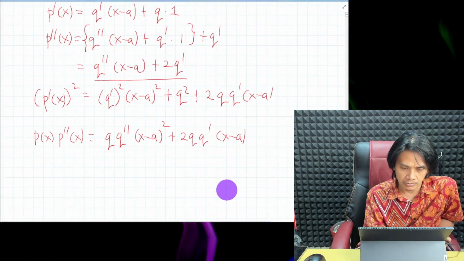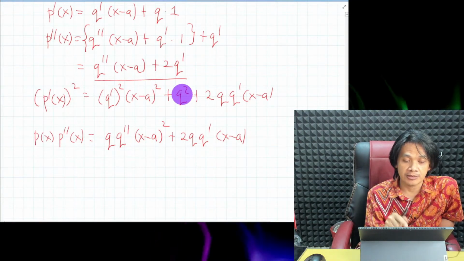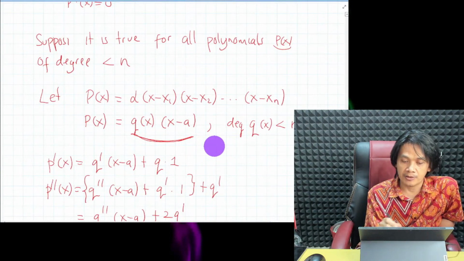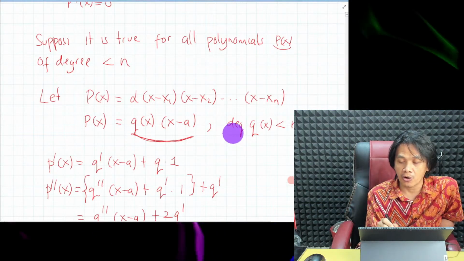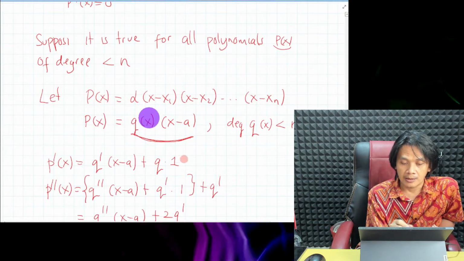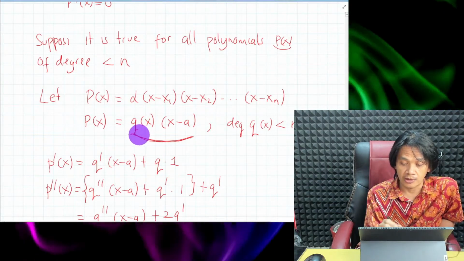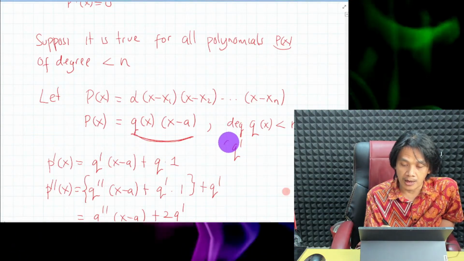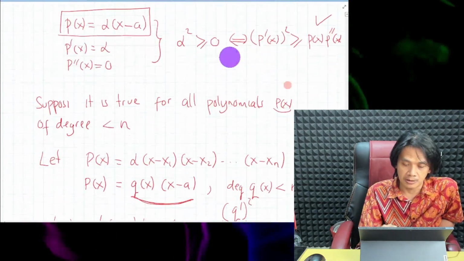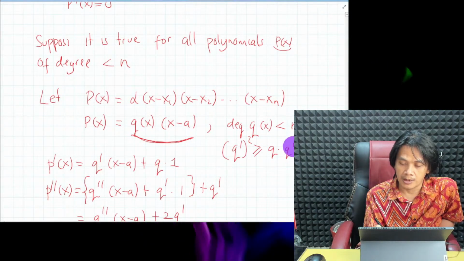Wow, sorry, it's not really similar. We need to use the induction hypothesis. Remember that according to the induction hypothesis, the statement is true for all polynomials of degree less than n. Here, q satisfies the hypothesis, so it means q prime squared is greater or equal to q times q double prime, right?